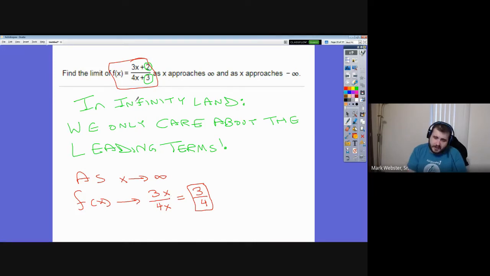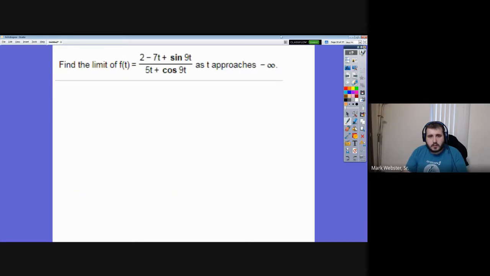So in infinity land, when we've got a numerator and a denominator we have to compare, the only thing you have to compare is the thing that grows the fastest. Like this. Again, there's a lot of stuff going on here. The first thing we should do is rewrite it in terms of how fast things grow.